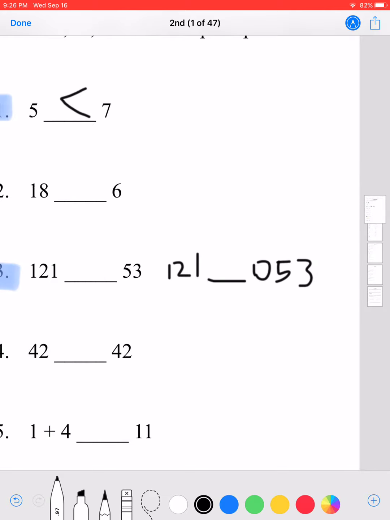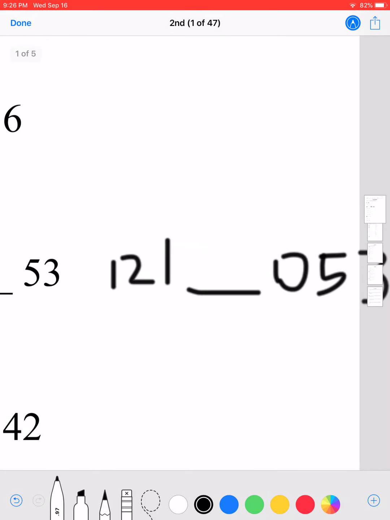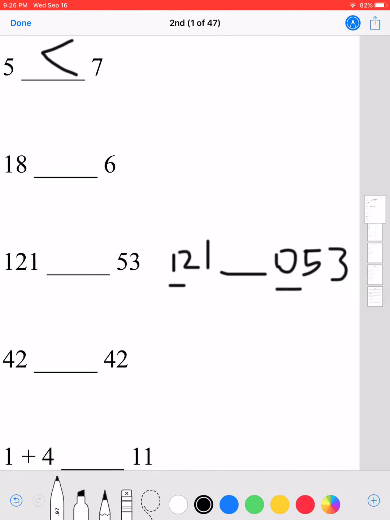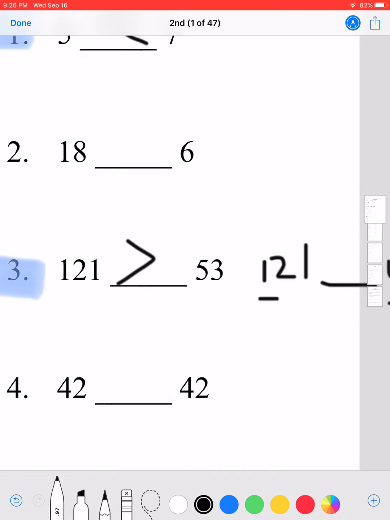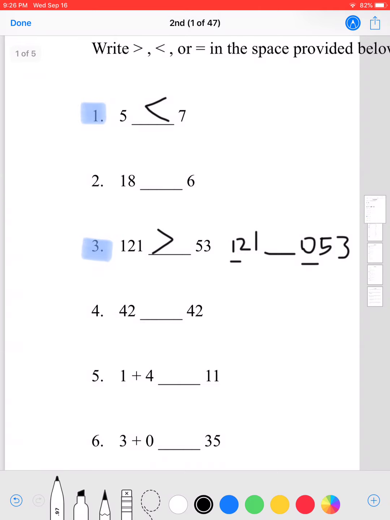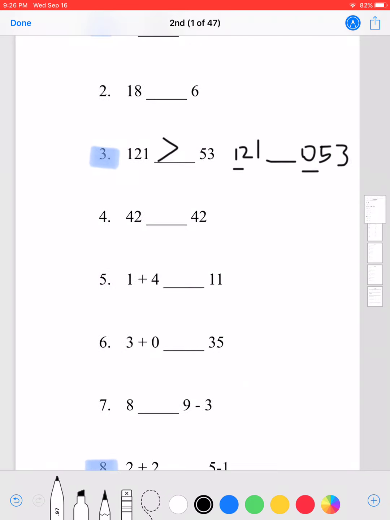Now we're going to go from the first digit to the last one. So we have 1 and 0 right here. Which one is bigger? We know that 1 is bigger than 0. So 121 is bigger than 53. The mouth is going to be facing 121. It says 121 is greater than 53. That's what this sentence says.